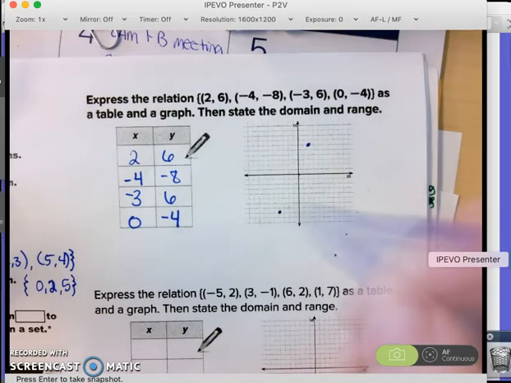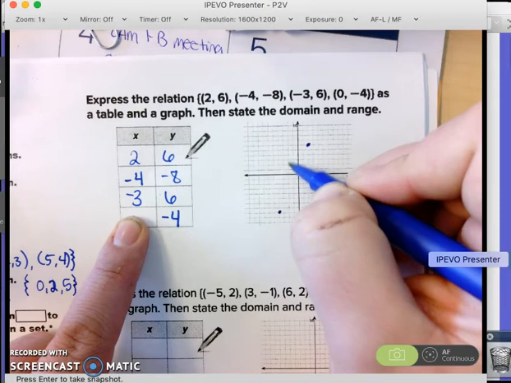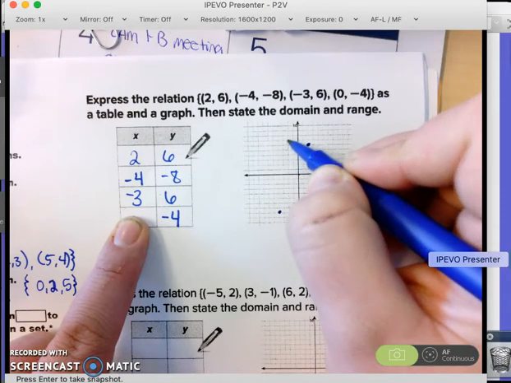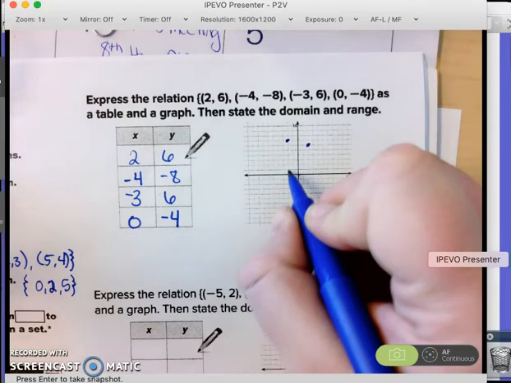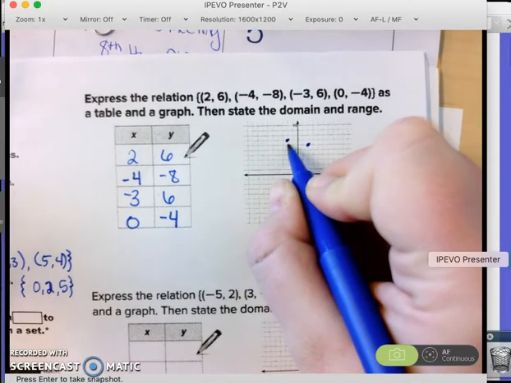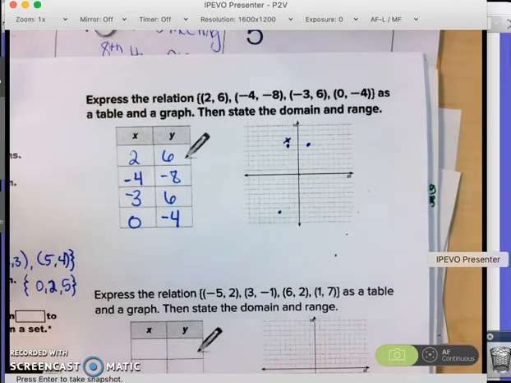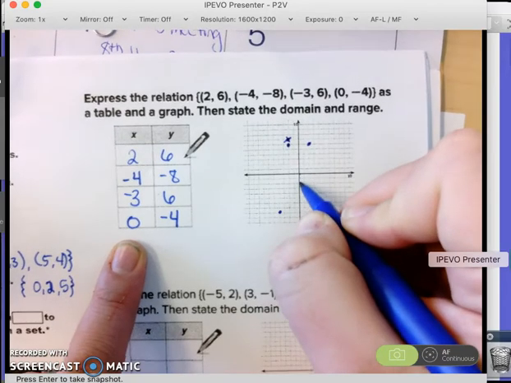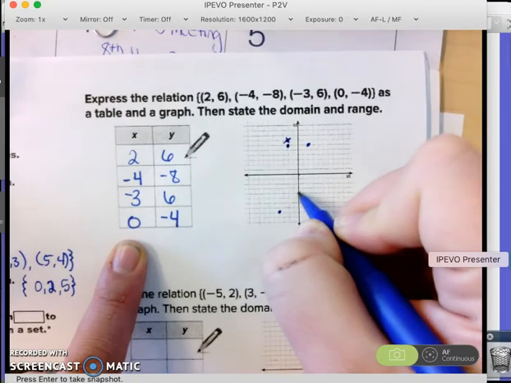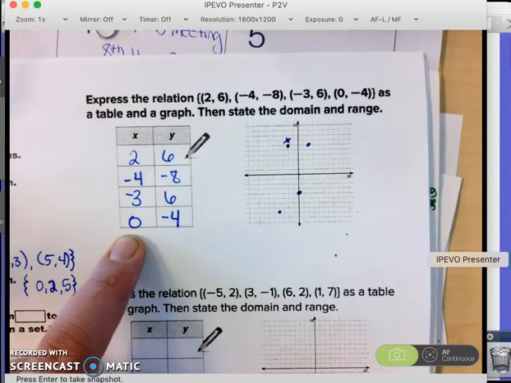Put a dot. -3, 6, over to -3 and up to 6: 1, 2, 3, 4, 5, 6. Oh, they should be at the same spot. That was an accident. And then 0, -4: 1, 2, 3, 4. So I've graphed all 4 of those points.